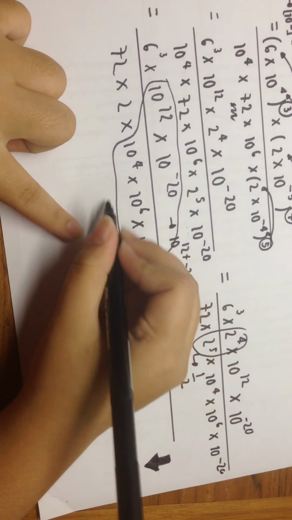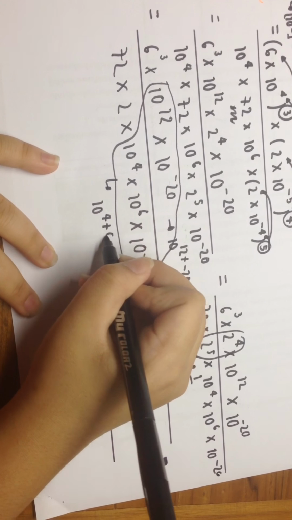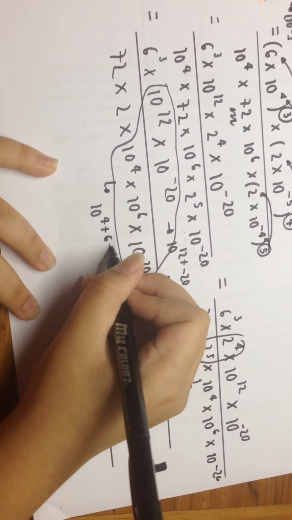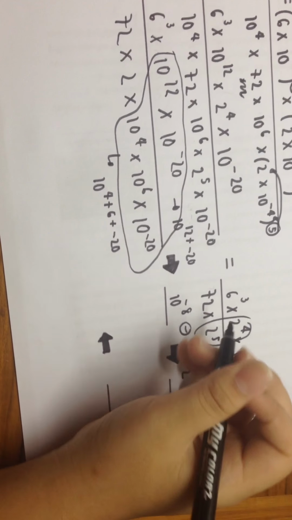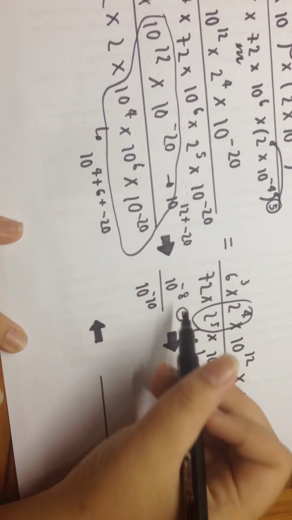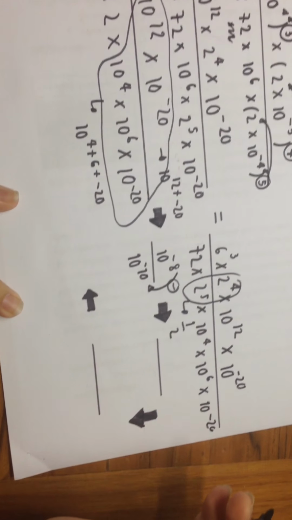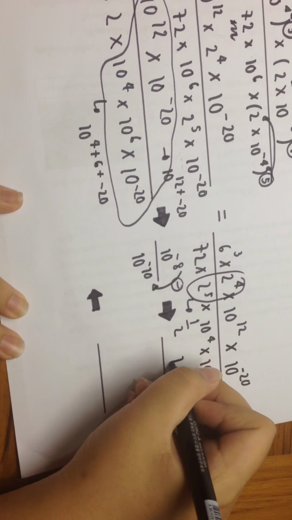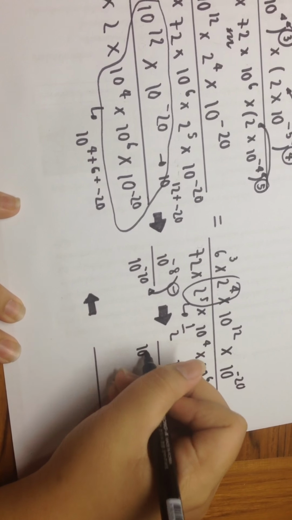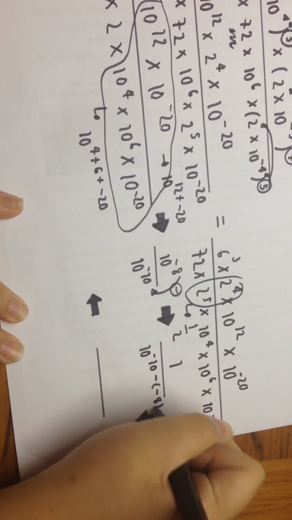And this one, 10 to the power of 4 plus 6 plus minus 20 is equal to 10 to the power of minus 10, right? And we put minus 8 over minus 10. So it's equal to 1 divided by 10 to the power of minus 10 minus minus 8.